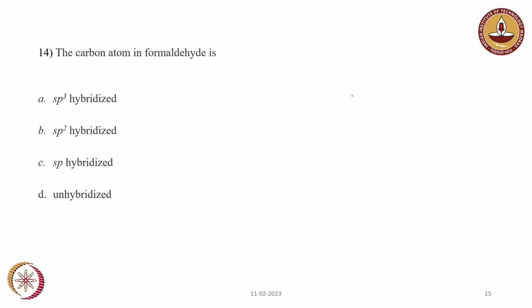And the next question is the carbon atom in formaldehyde is A sp3 hybridized, B sp2 hybridized, C sp hybridized, and D unhybridized.